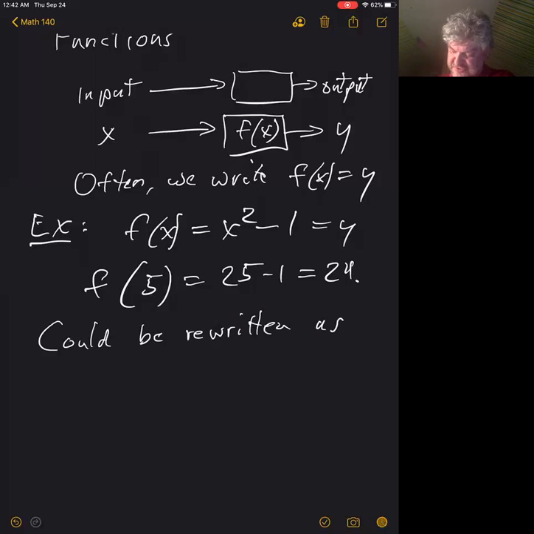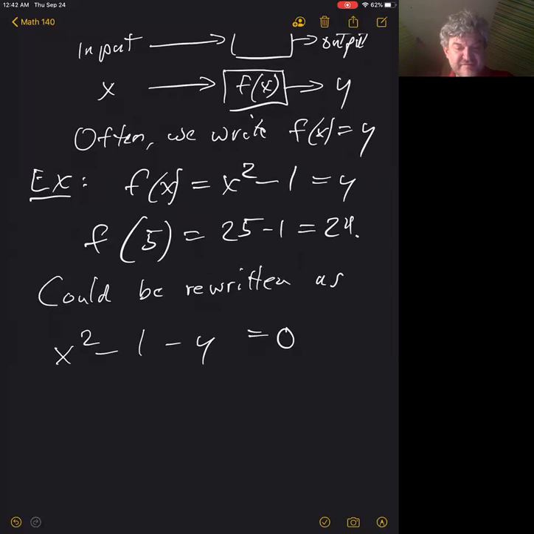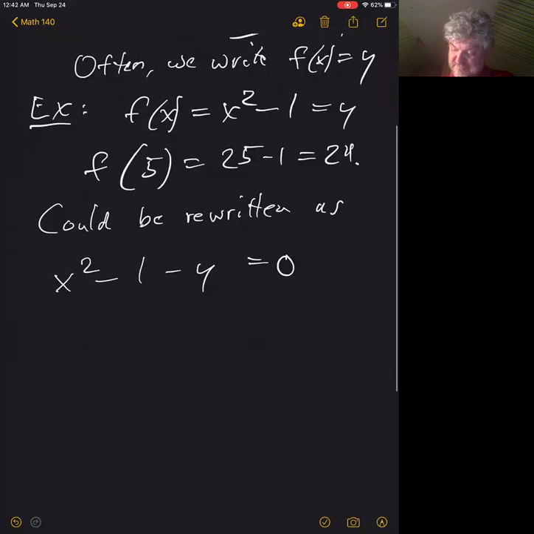For example, you could write x squared minus 1 minus y equal to 0. So you get a relation between x and y, and it's still true that for every x, you get one y value, and it gives the same relationship.